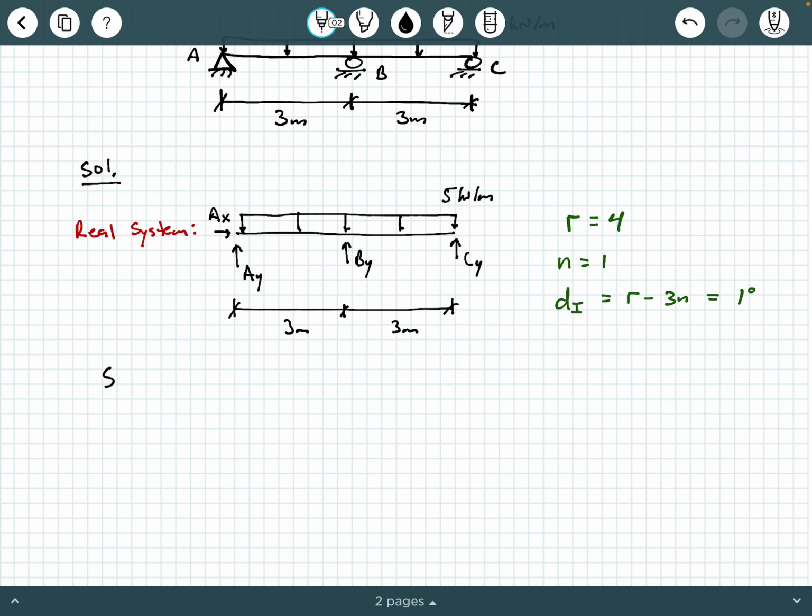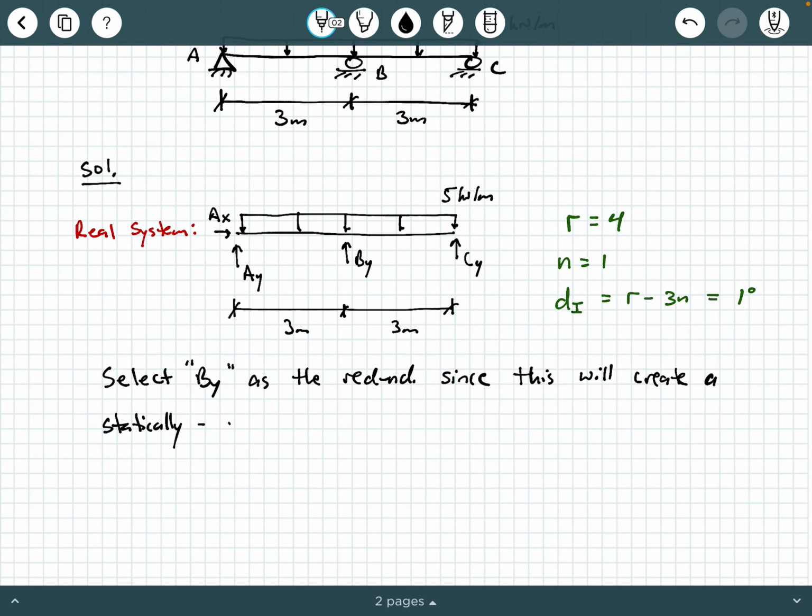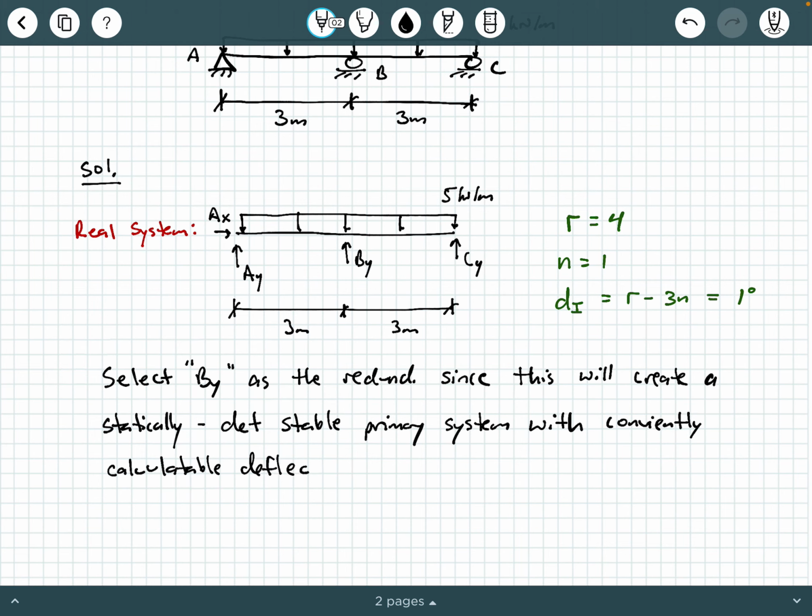So I'm going to say let's select BY as the redundant, since this will create a statically determinate, stable primary system with conveniently calculatable deflections.